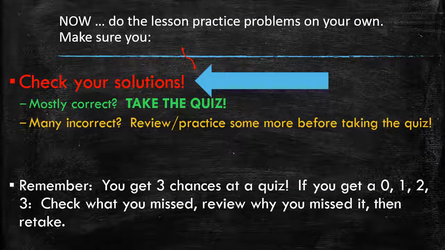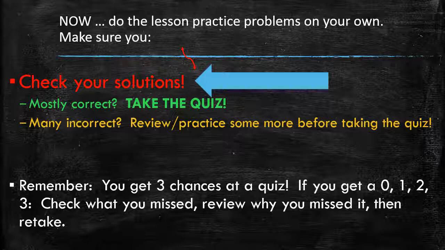Now, make sure you do the lesson practice problems on your own. If you go to lesson 1.08 and click on practice, there are a ton of practice problems in there to help you. This is giving you extra practice. These are meant to help you before you take your quiz. So check your solutions.